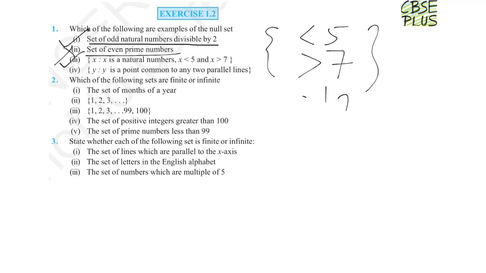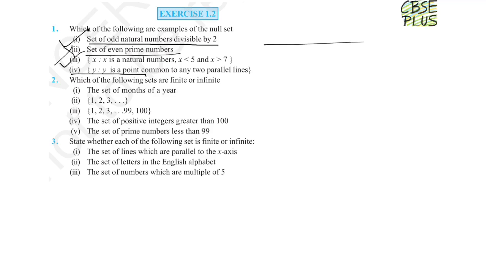Now we have the last option, the fourth question, which says y is such that y is a point common to any two parallel lines. There is no common point of two parallel lines.